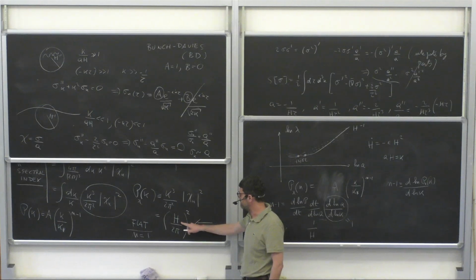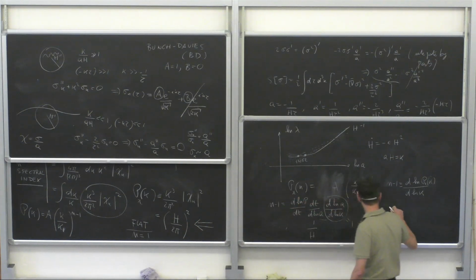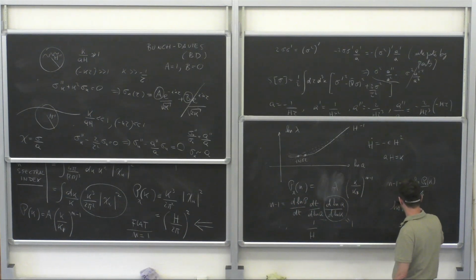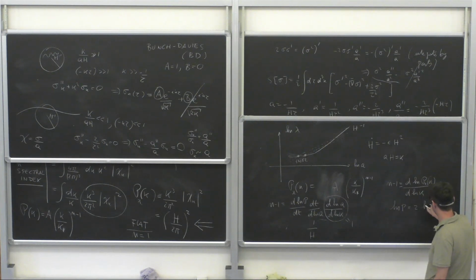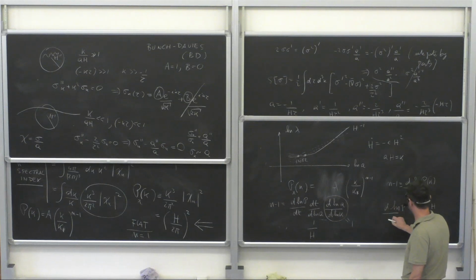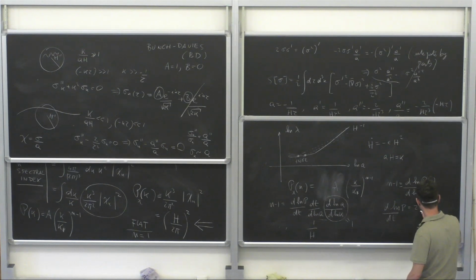You see, the log of P is twice log of H. So when I take the derivative with respect to t, it is going to be 2 divided by H dot.